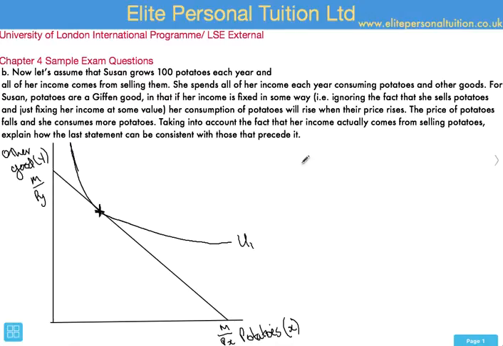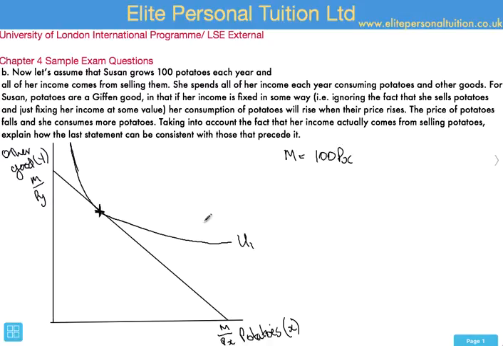But what's special about this question is they tell us that the M, the income, is 100 times the price of X, because she gets all of her income from selling 100 potatoes. So whatever she can sell the potato for times the amount of potatoes that she sells is her income.